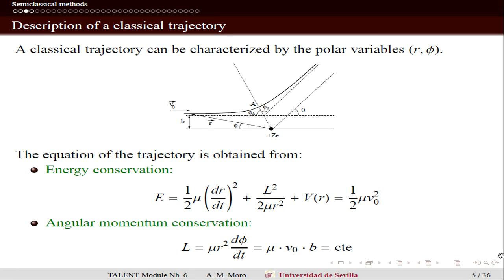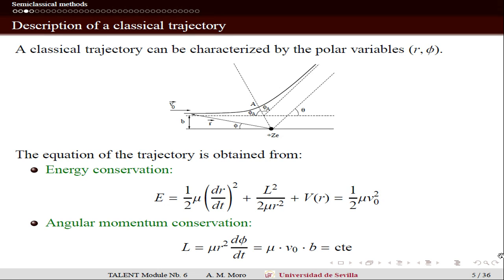And another equation comes from the conservation of angular momentum. The angular momentum is expressed in terms of this derivative of phi, and this is the value that we obtain again from the initial conditions: the impact parameter, the reduced mass between the projectile and target, and the incident velocity.